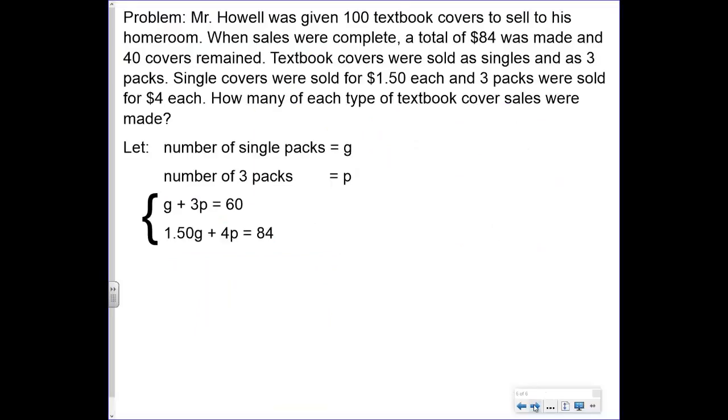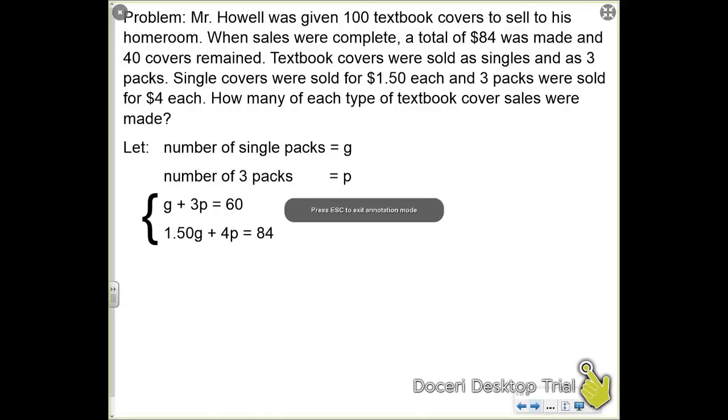Okay, so going back to this problem here, we have our system g plus 3p equals 60 and 1.50g plus 4p equals 84. Now, what's different about this problem than I showed on the last one was I don't have a single variable isolated in this case. So what I want to do is look at both equations and decide which one is easiest to get by itself.